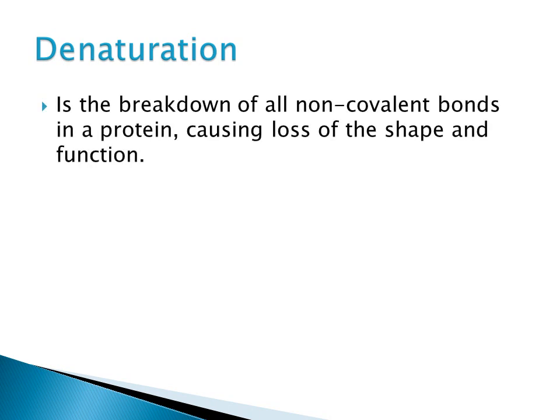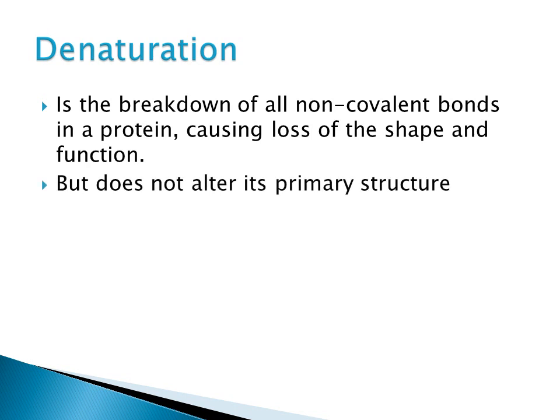Denaturation. What is meant by denaturation? Denaturation is the breakdown of all non-covalent bonds in a protein, causing loss of shape and function, but it does not alter its primary structure. In the primary structure, the only bond involved is the peptide bond.